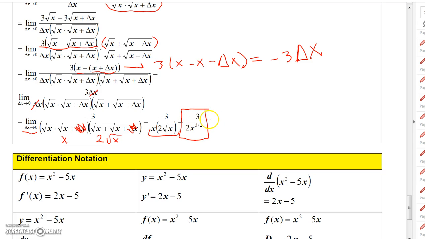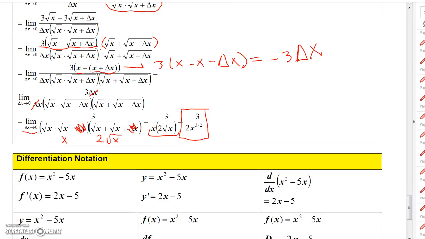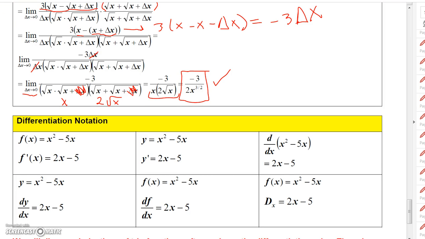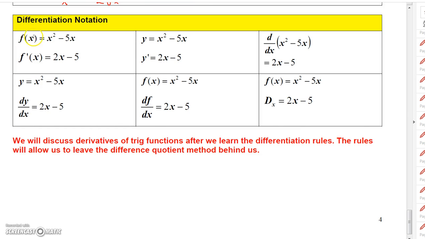Now, one of the reasons I did that is so that once you get to the rules for differentiation, especially the power rule, you'll be able to differentiate this function using the power rule, and you'll actually see that this is what you'll get if you apply the power rule.